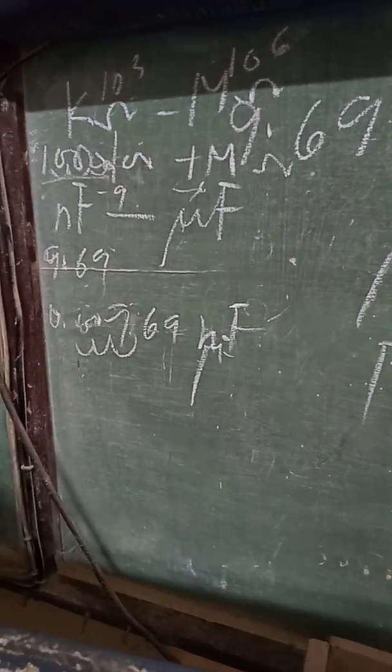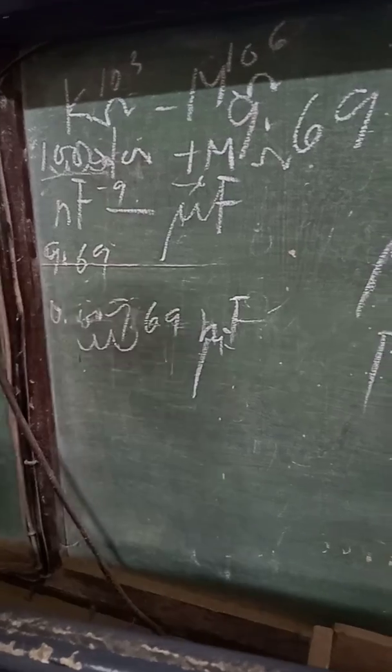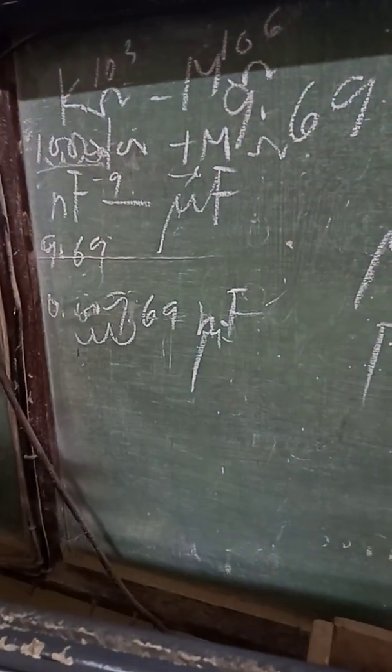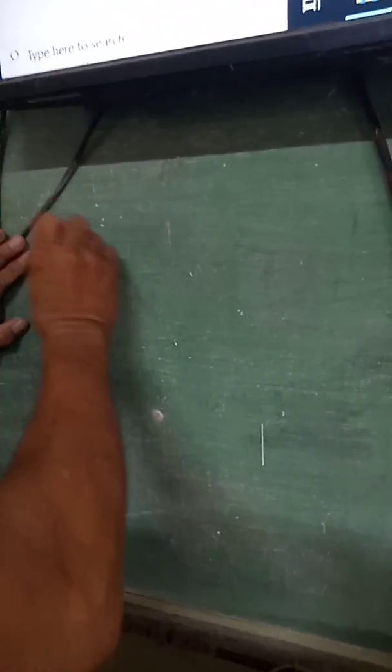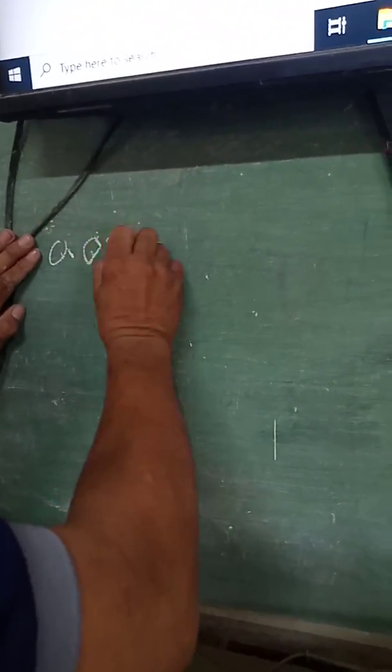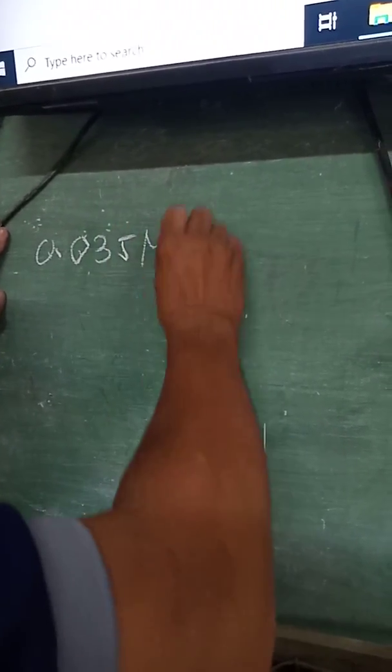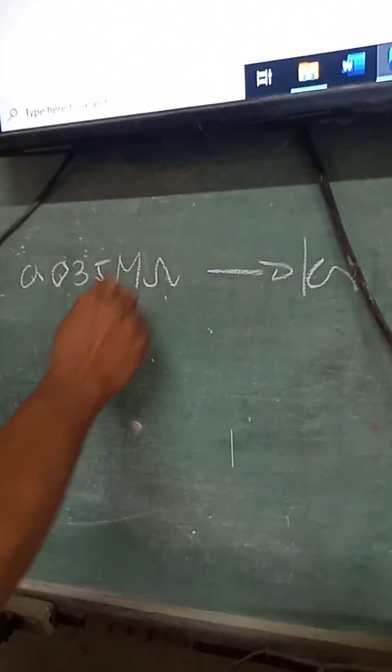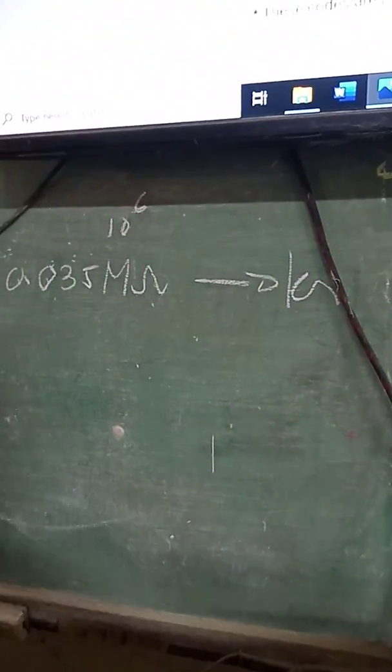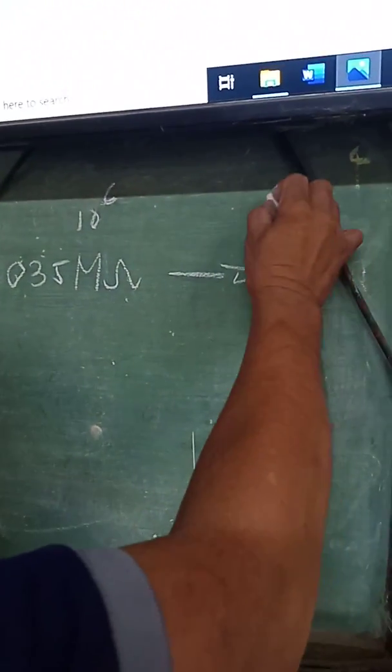But when you are converting a larger unit into a smaller unit, you have to move the decimal point to the right. For example, we have here 0.035 mega ohms to kilo ohms. Mega is larger in unit because it handles positive 6, whereas kilo handles positive 3.